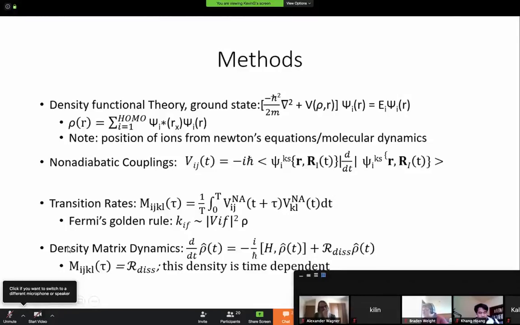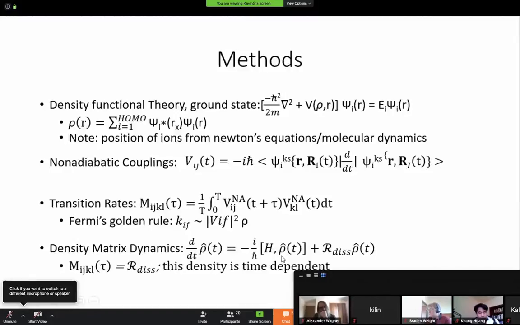And then the last thing I have here is my density matrix. So I'm looking at how my density changes with time. A quick thing to point out here, the density I have here for my density matrix dynamics is time dependent. The charge density when I'm looking here at density functional theory is not time dependent at all. So this isn't time dependent. This is just a quick thing I wanted you guys to keep in mind.